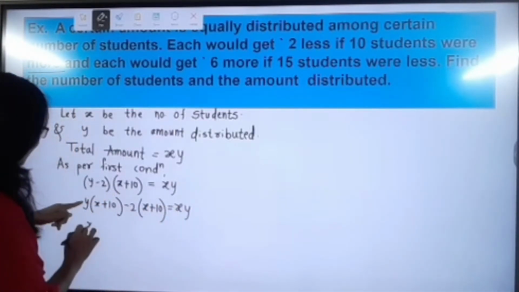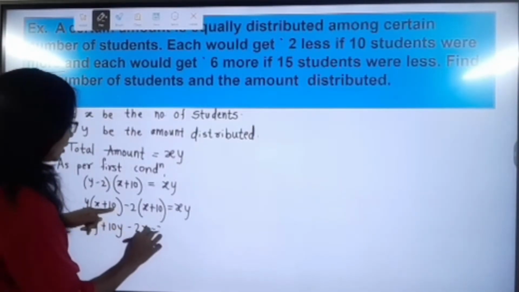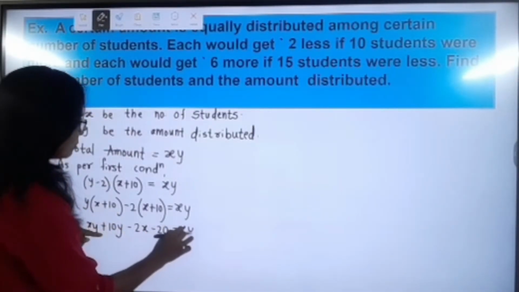Then xy plus 10y minus 2x minus 20 is equal to xy.